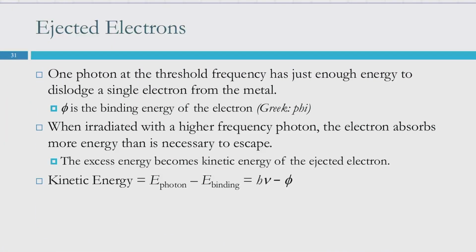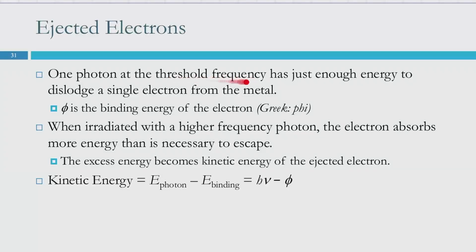Okay, going back to our photoelectric effect and the ejected electrons. So we've got energy with a sufficient frequency hitting the metal, and it's ejecting electrons. If we have a photon at the threshold frequency, that's where our graph shot up. That's the minimum frequency that we need to eject an electron.